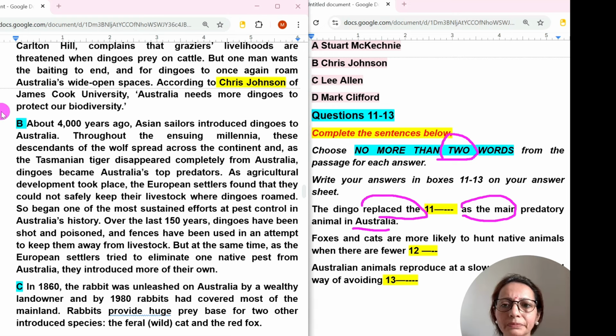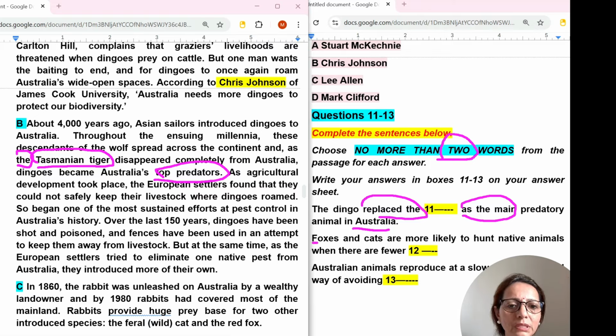So it means they have replaced the Tasmanian tiger. The main predator means top predators, so they have used a synonym for this. So the 11th answer will be Tasmanian tiger.